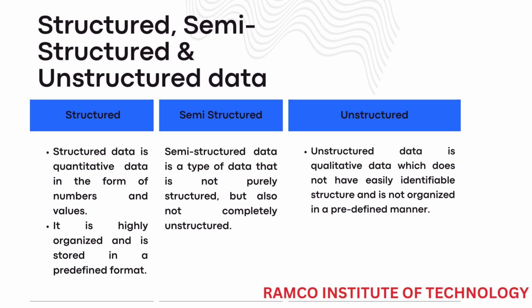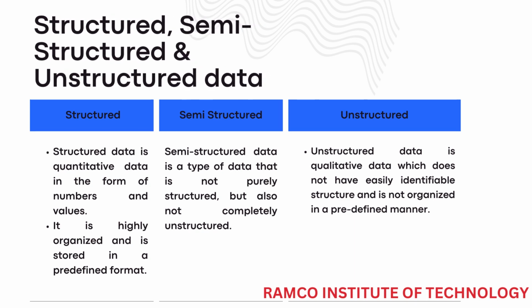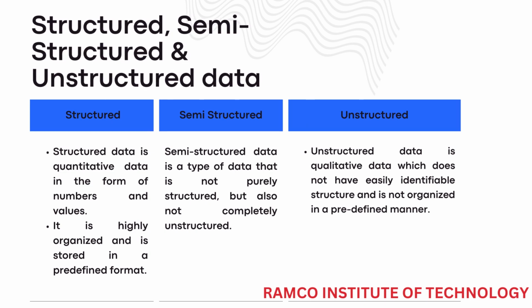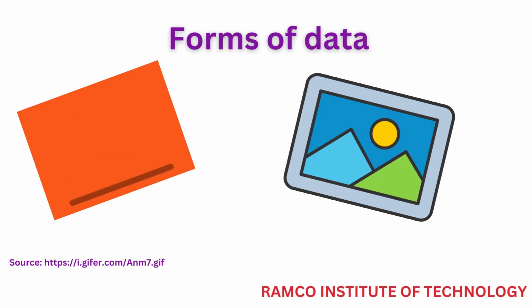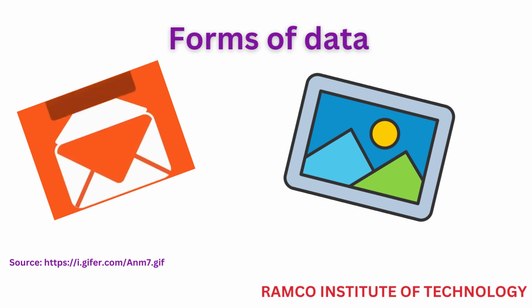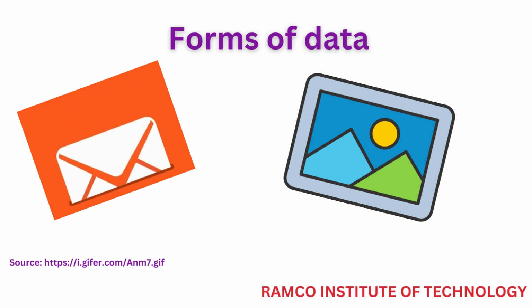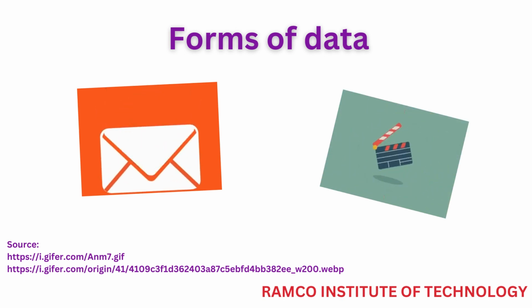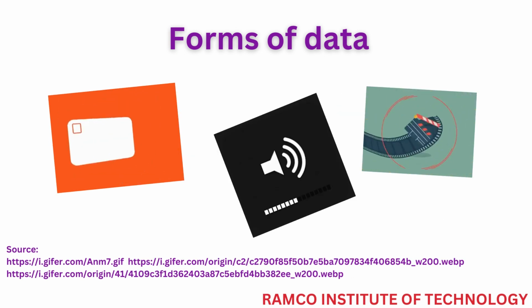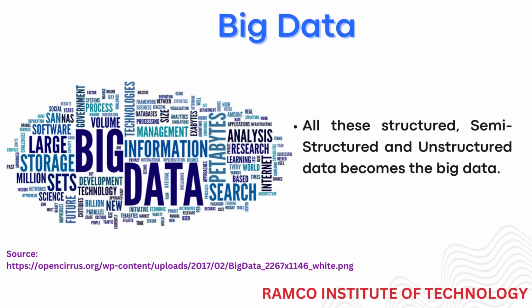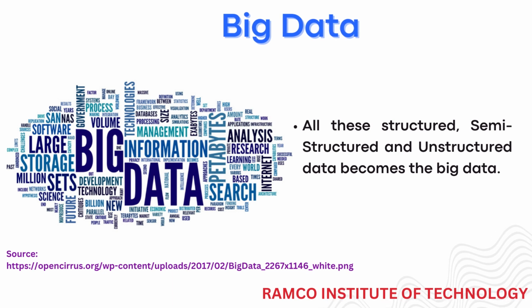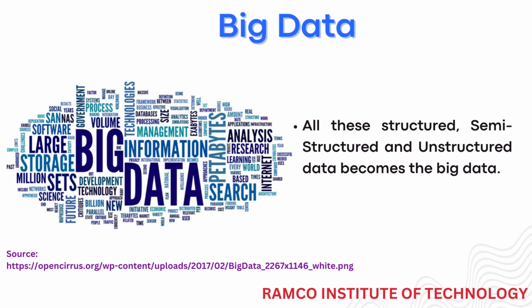Unstructured data is qualitative data which does not have an identifiable structure and is not organized in a predefined manner. Some of the different forms of data generated on the internet include email, images, video and audio. All these structured, semi-structured and unstructured data become the big data. So, data generation is the beginning of big data.